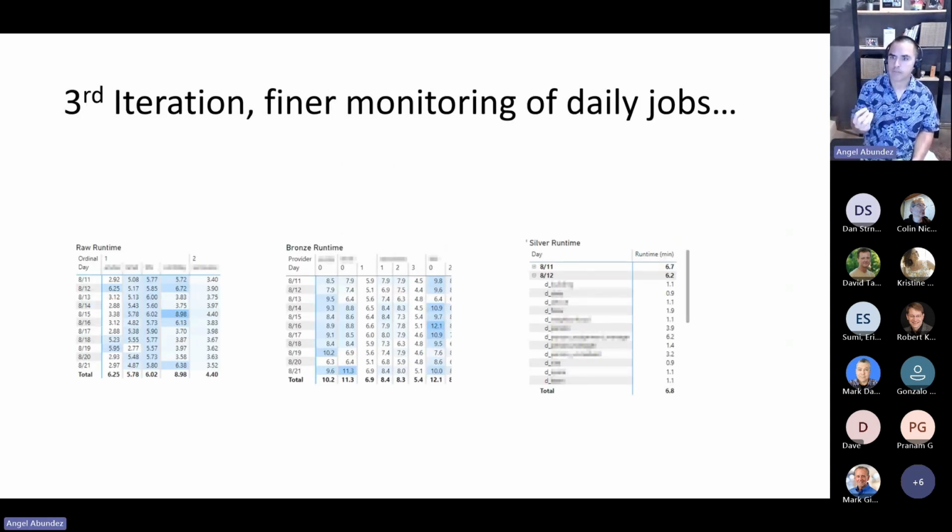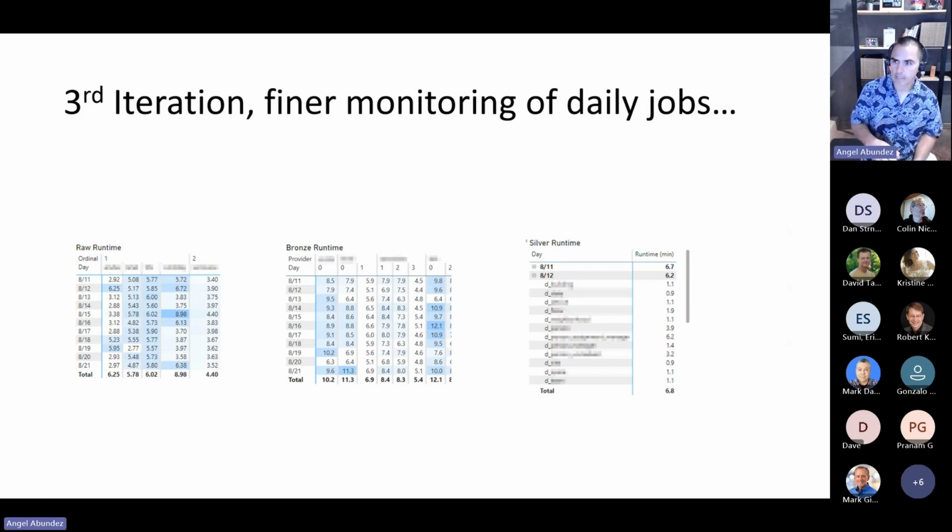So once I uncovered those parameters, then I could get detailed information into what was happening in my raw layer, what was happening in my bronze layer, what was happening in my silver layer. And I can't tell you how many times this has been helpful for us when a pipeline is slow or something changed.